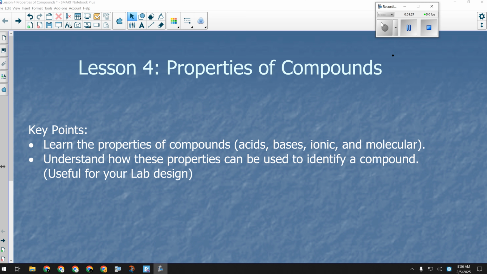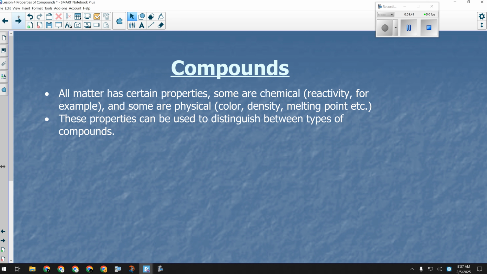So for properties of compounds here, we want to learn the properties of compounds, acids, bases, ionic compounds, molecular compounds, and understand how those properties can be used to identify a compound. All matter has properties, physical properties and chemical properties. For now, we're only concerned with the physical properties.